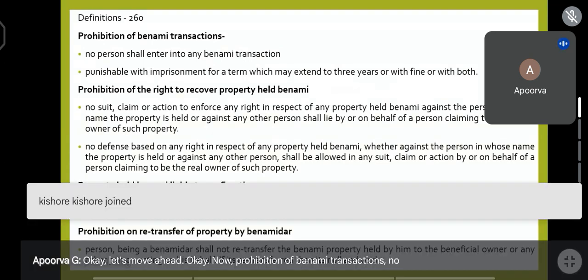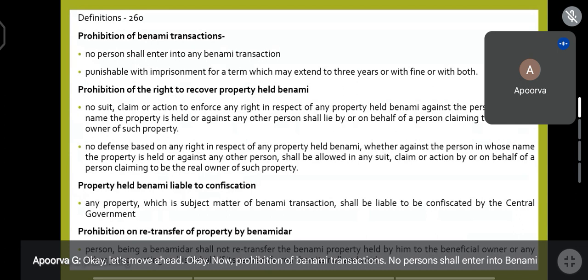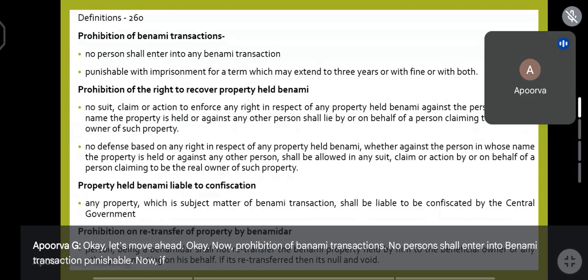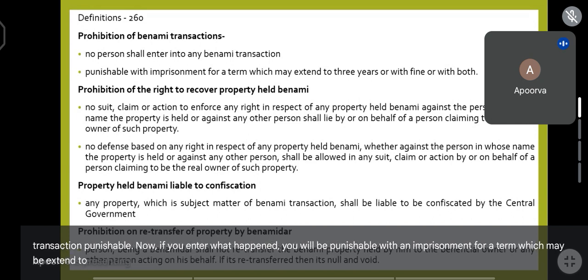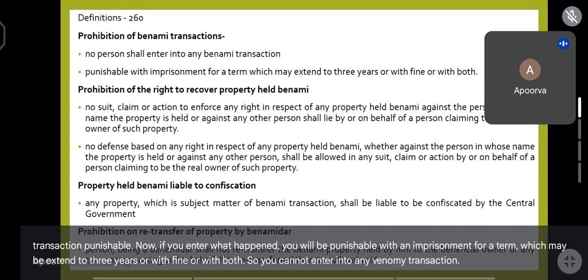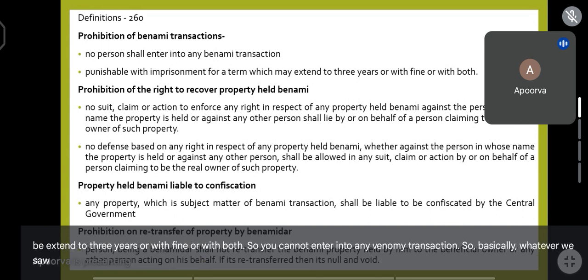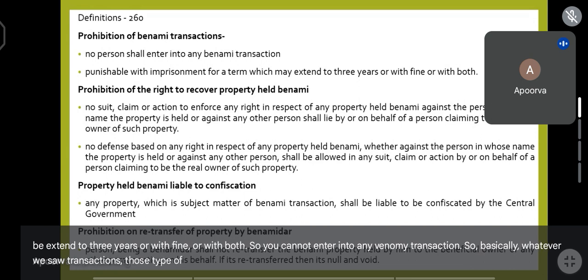No person shall enter into a benami transaction. It is punishable. Now, if you enter, what happens? You will be punishable with imprisonment for a term which may extend to 3 years, or with fine, or with both. So you cannot enter into any benami transaction. Basically, whatever transactions we saw, those types of transactions, you cannot enter.